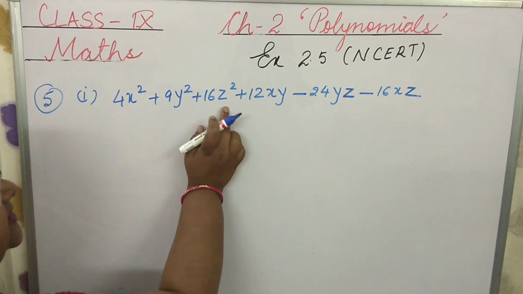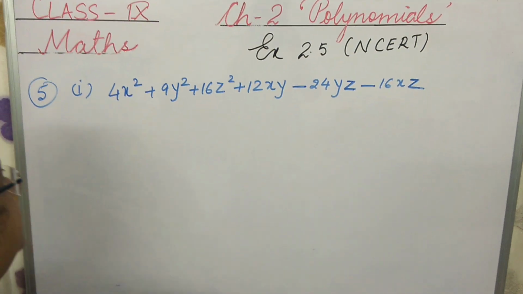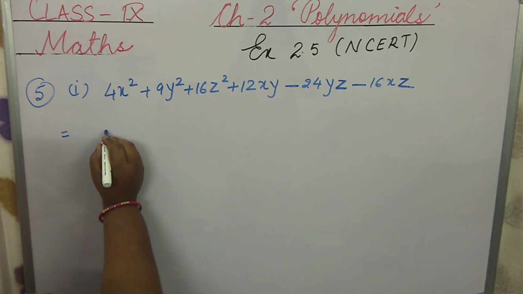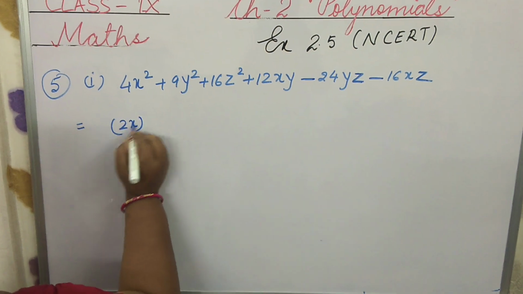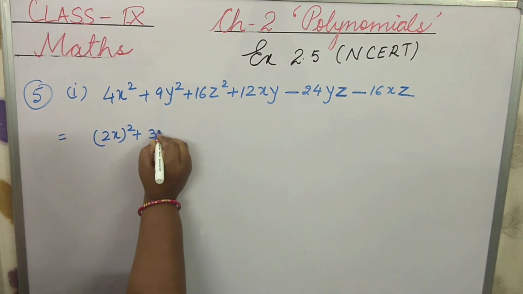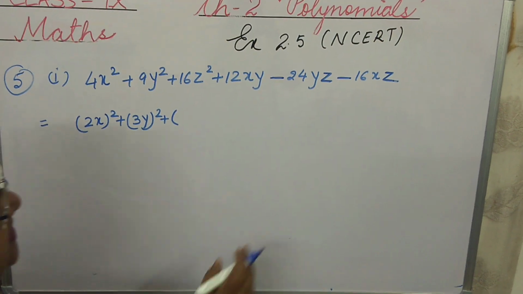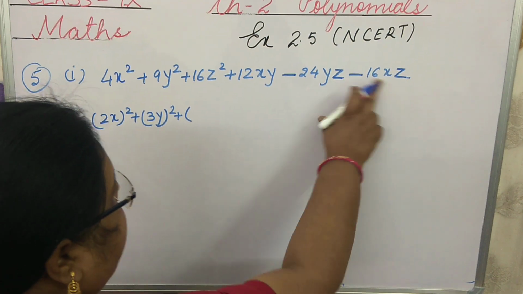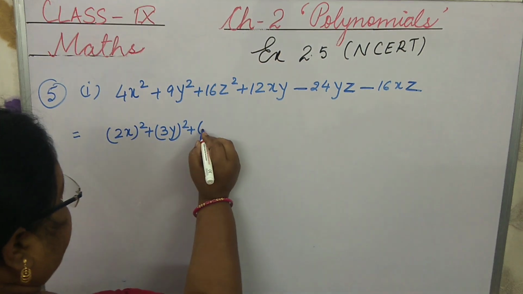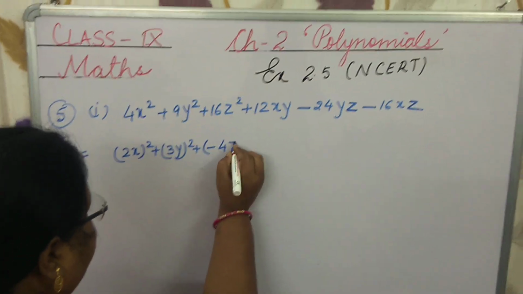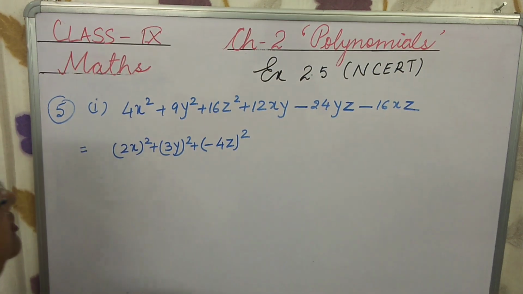That is 16z square. So here we will write down 2x whole square plus 3y whole square plus, just now I told you that the z term is negative, so it is minus 4z whole square.